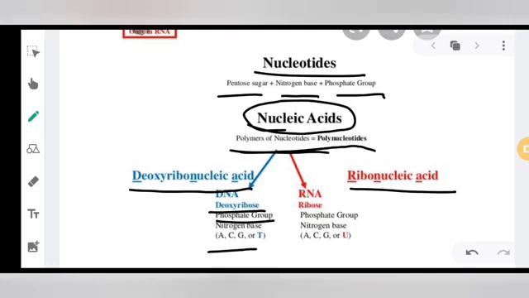DNA contains the phosphate group, deoxyribose, and the nitrogenous bases adenine, guanine, cytosine and thymine. Whereas RNA has ribose sugar, phosphate group, and the nitrogenous bases adenine, guanine, cytosine and uracil. So this is all about nucleotides and nucleic acids.